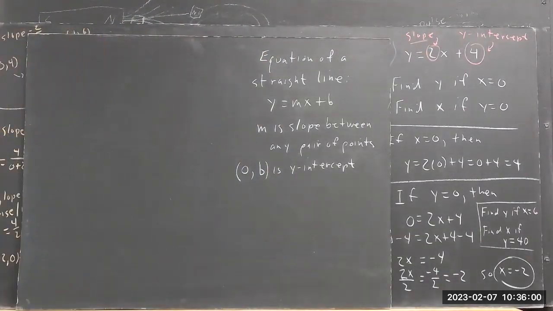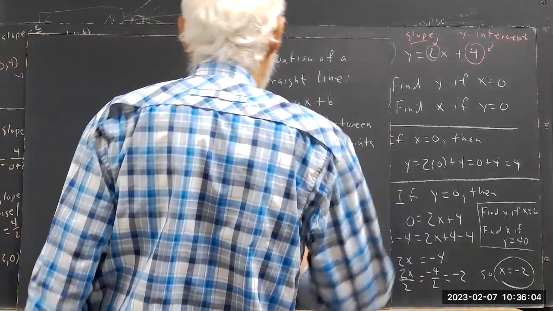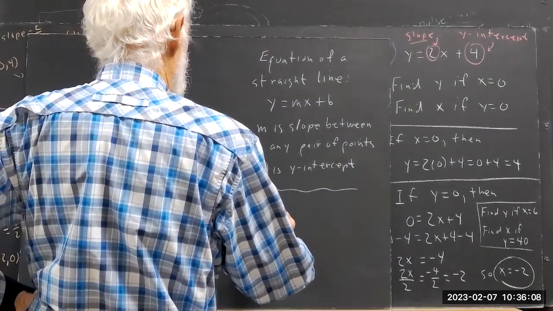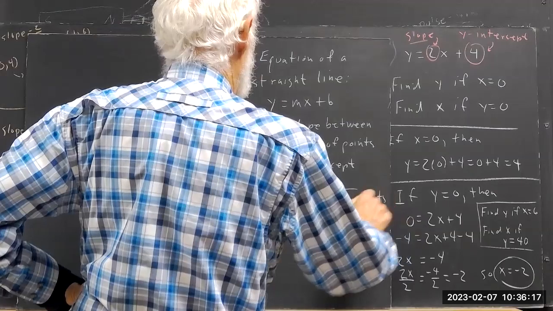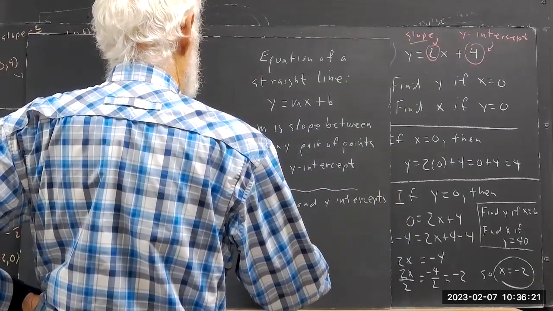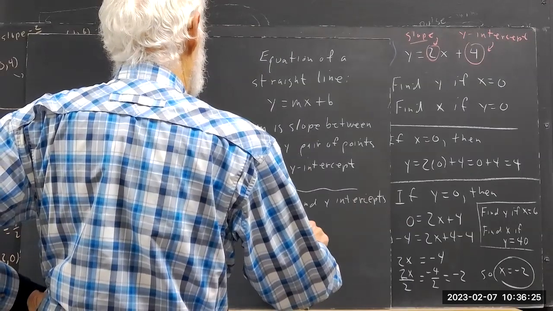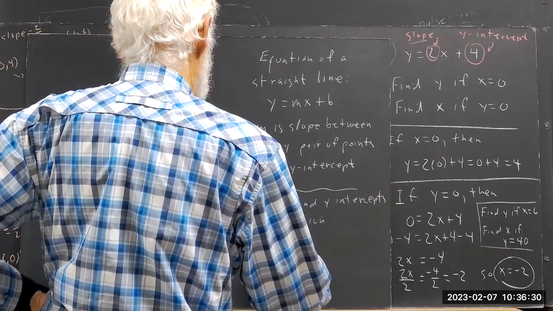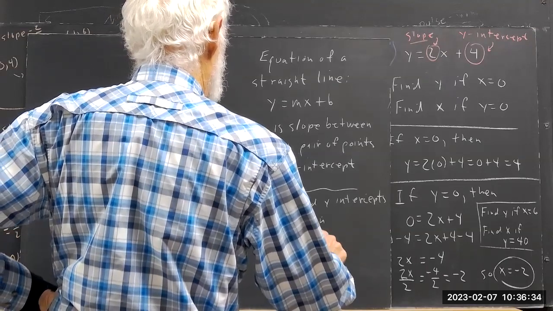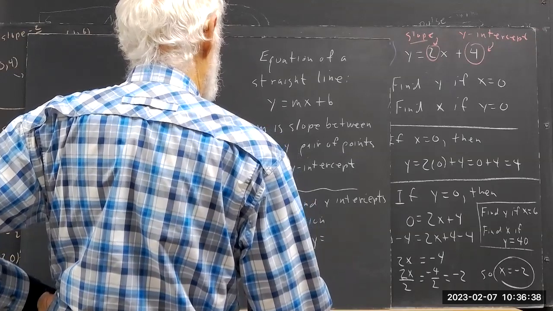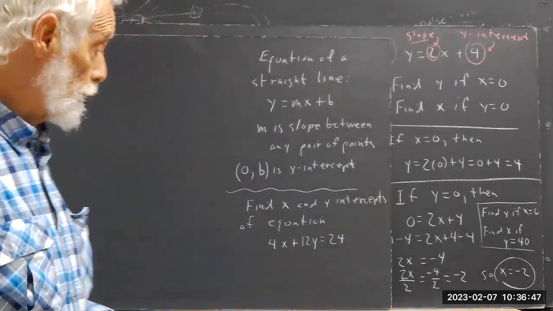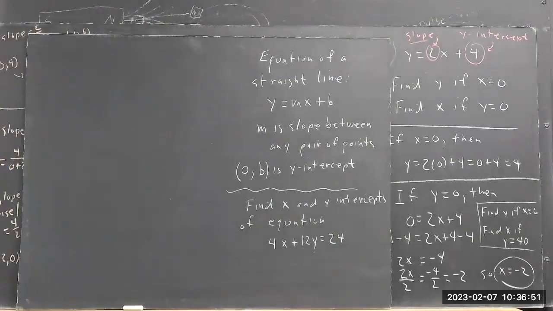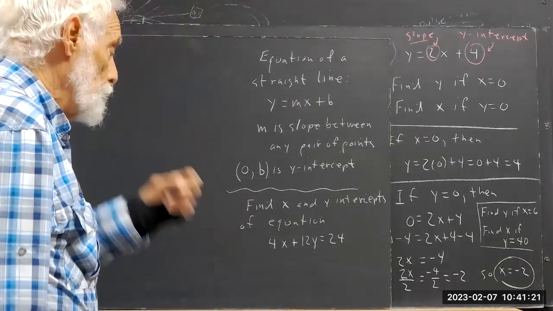Now, find the x and y intercepts of this equation, 4x plus 12y equals 24. Okay. So people did well with this.